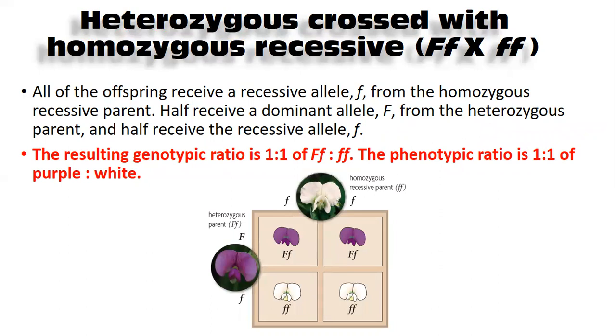So we will end up having half of them purple in color and half of them white in color. So the phenotype ratio will be 1 to 1, one purple to one white, and the genotype will be one heterozygous to one homozygous recessive.